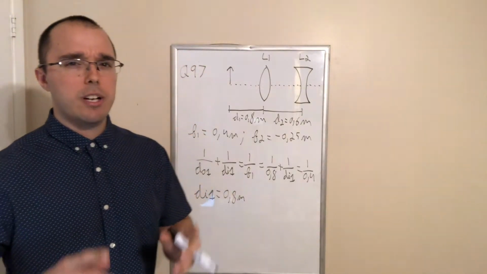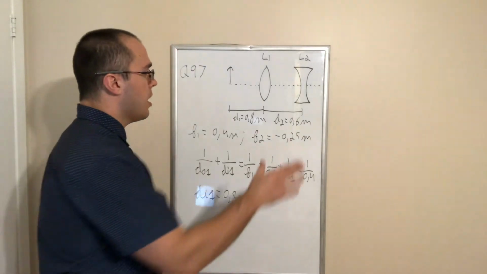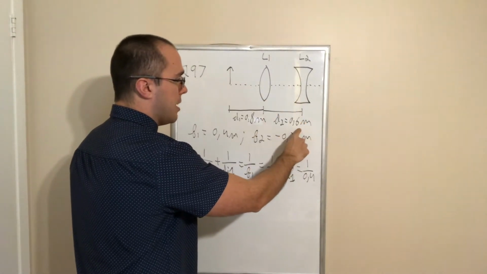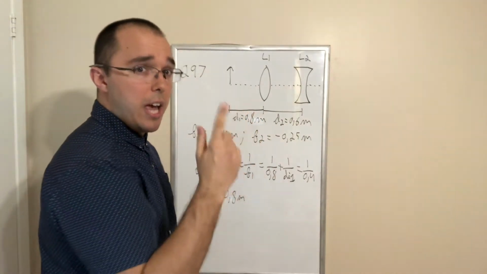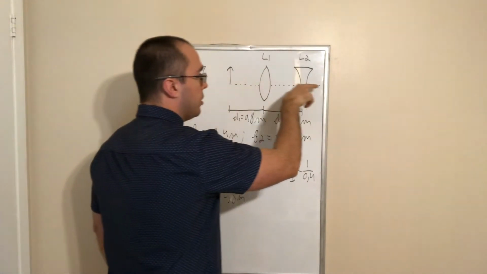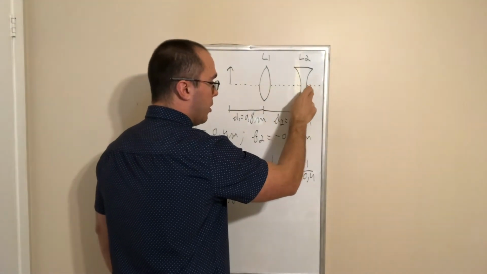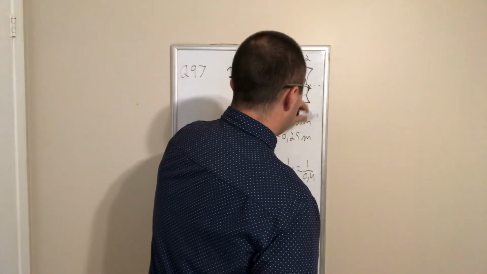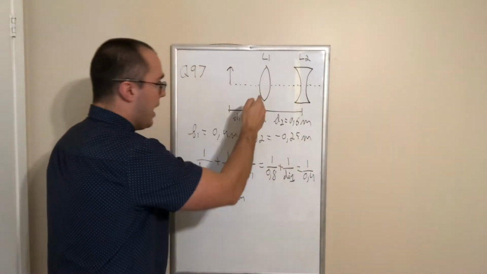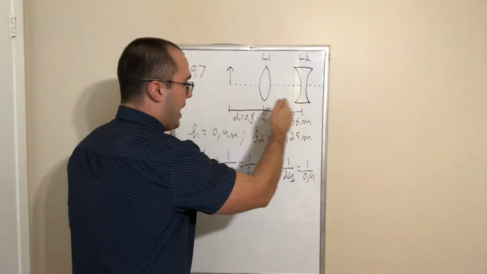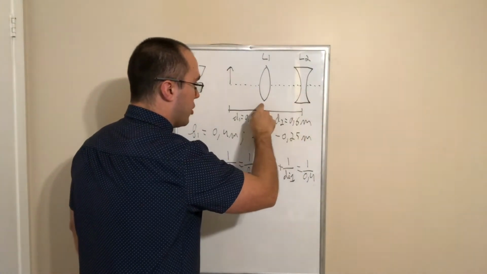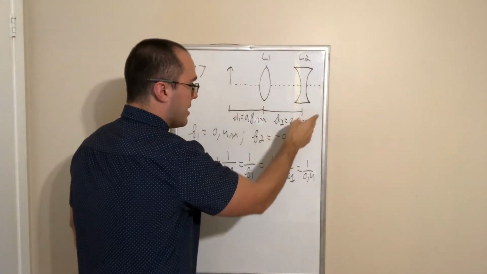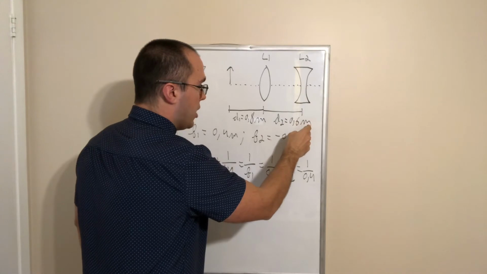And that brings us to an interesting situation. The distance between these two lenses is 0.6 meter. That means the image goes through the second lens in this case. So it goes through by 20 centimeters. There's a distance of 80 centimeters between the first lens and the image, but there's a distance between the two lenses of 0.6 meter.